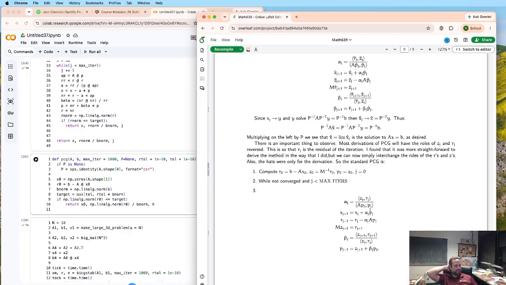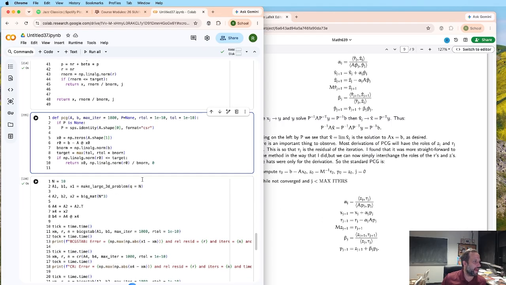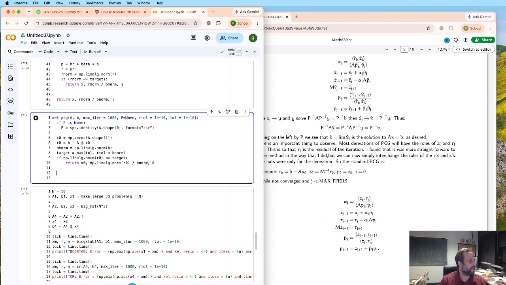Okay, and so now we can solve this system of equations. And again, I said a minute ago that I was going to set this up like we did for BiCGStab, where P is going to be a linear operator, and that's exactly right. So now we're going to begin the loop of the algorithm.